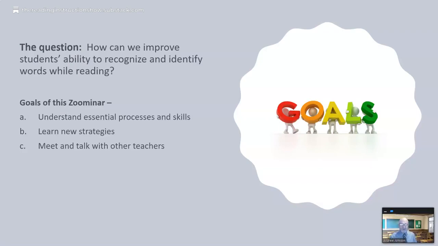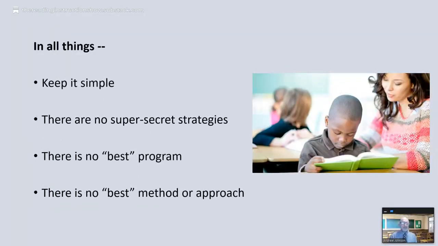And the goals are for you to understand some of the essential processes related to creating meaning with print, reading, and skills, to learn some new strategies, to take them with you so you can use them tomorrow, and most importantly, to meet and talk with other teachers. That's our goal.